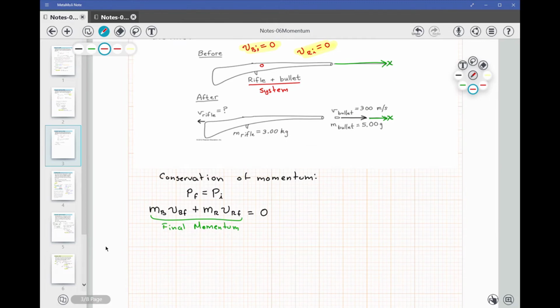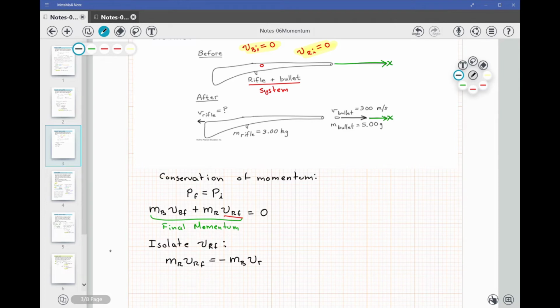We want to find the velocity of the rifle at the final time, so all we have to do now is isolate the velocity of the rifle at the final time. So we move the first term to the right side of the equation.